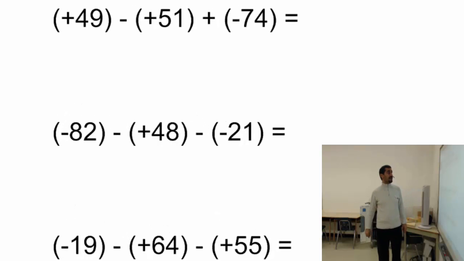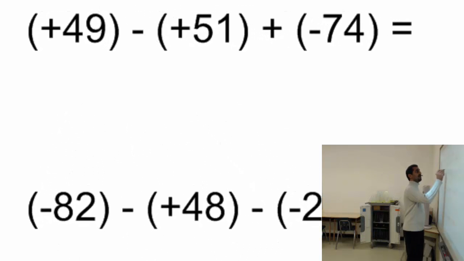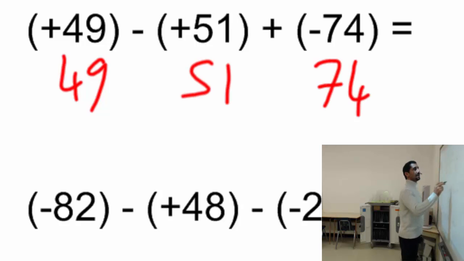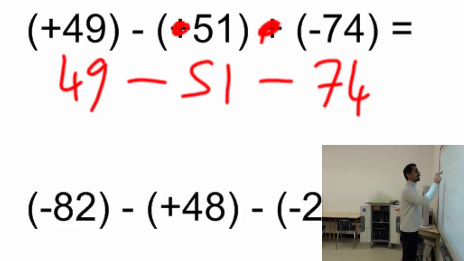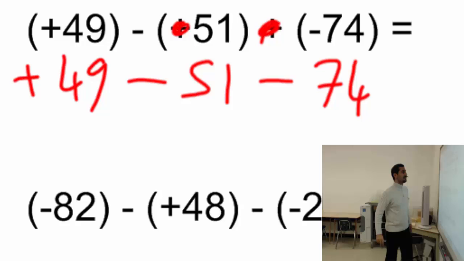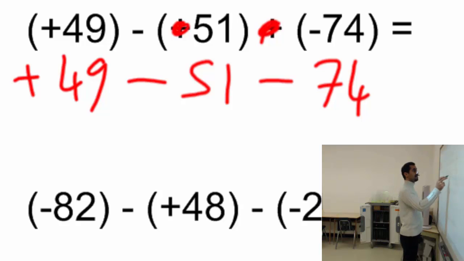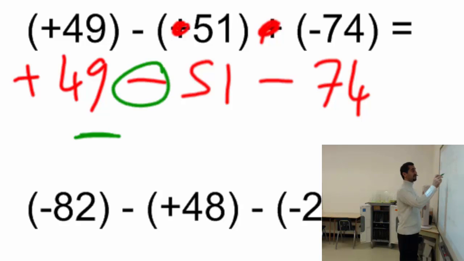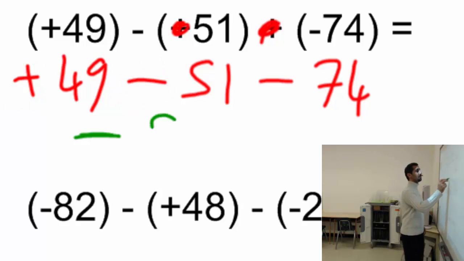So, it only gets better when we practice. How about I do a quick practice of 3 questions. 49, 51, 74, and ignore that minus, ignore this minus, that's the only number left here. So between these two, the big number is 51, so it's going to have a negative sign here, and the two signs are different, so I will go down, I will do the subtraction, that's going to be 2.